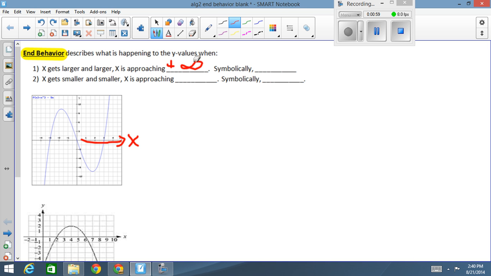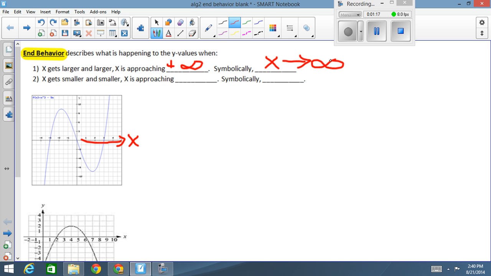Okay? The way we say that symbolically is we're going to put x and then an arrow and then a positive infinity. And that means x is approaching infinity.